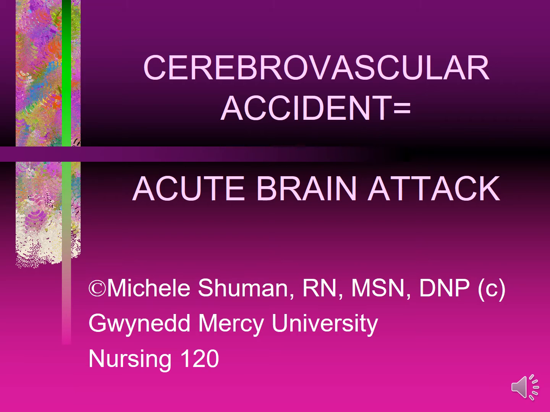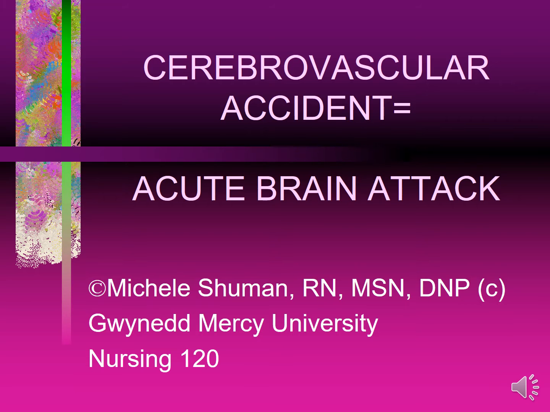Well, that isn't really the correct thing to do. So we've started to use the term acute brain attack more frequently in trying to get the public to realize that when someone has signs or symptoms of a stroke, they need to get to the hospital very quickly, so that we can treat them very quickly and hopefully arrest what's going on and preserve as much brain function as possible.